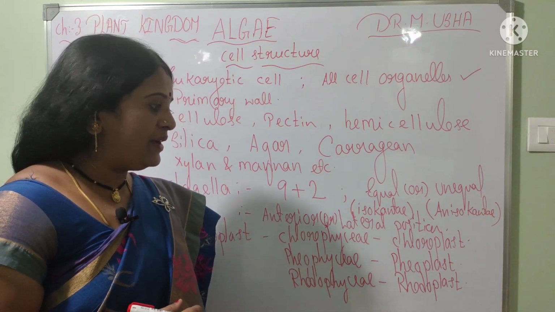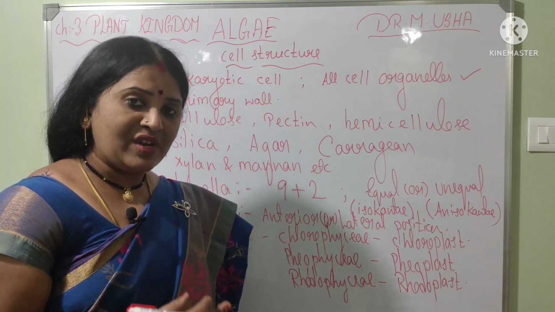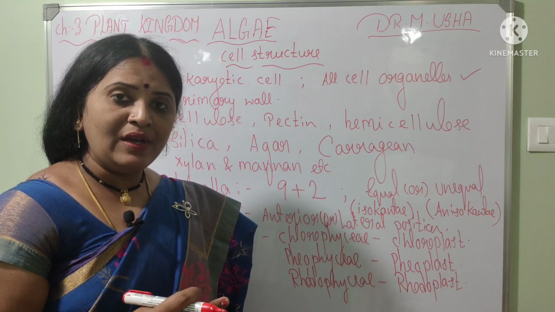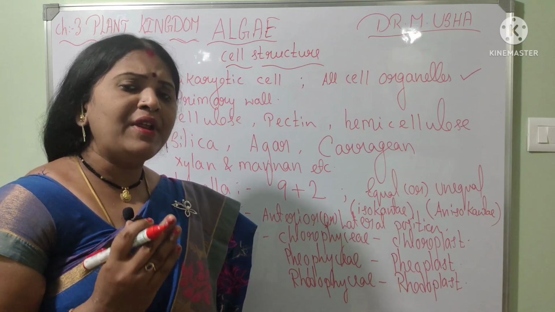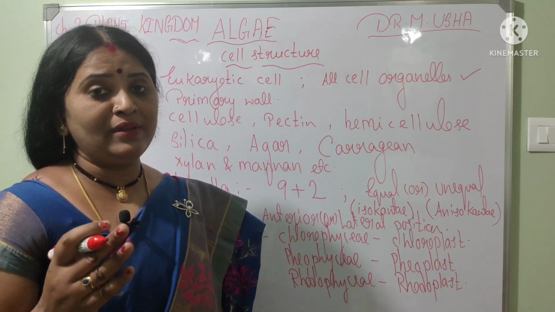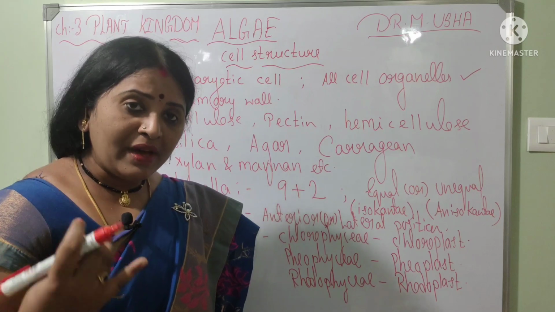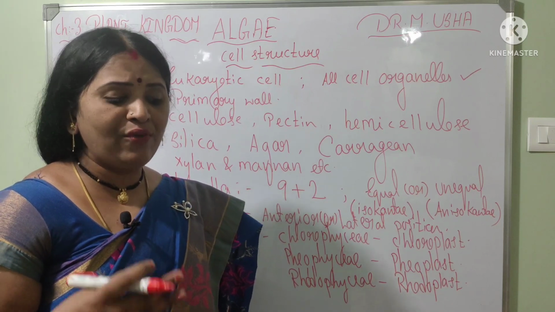So now we will make a table to understand it very easily. Damn sure, every academic year in the NEET exam, children, you will observe questions on the basis of pigments, flagella or reserve food material in case of algae.